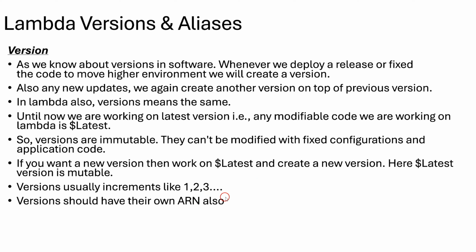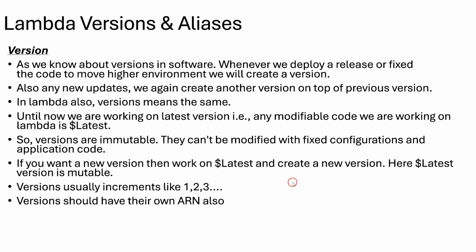ARN means Amazon Resource Name. So even versions also have a name. By using that name, you can refer to a particular version. For example, version 1 has one ARN, and version 3 has another ARN. So you can use that ARN to refer to different versions. If you want to use one version, you can use that version's ARN. If you want to use the second version, you can use the second version's ARN.